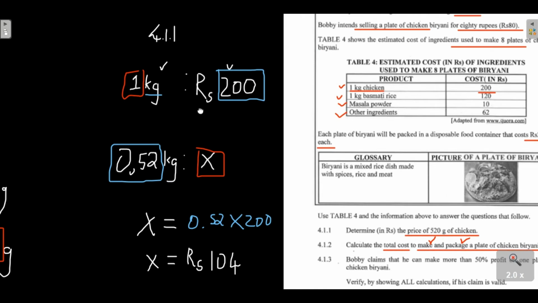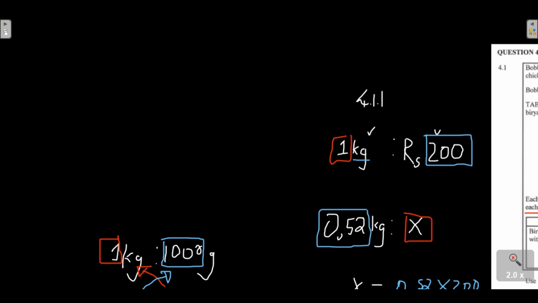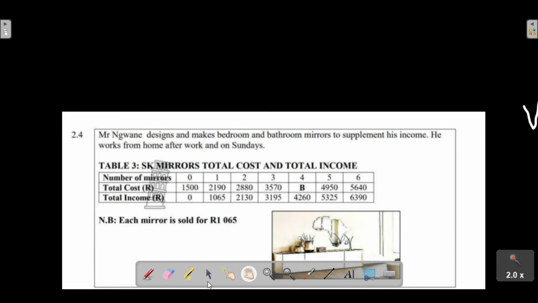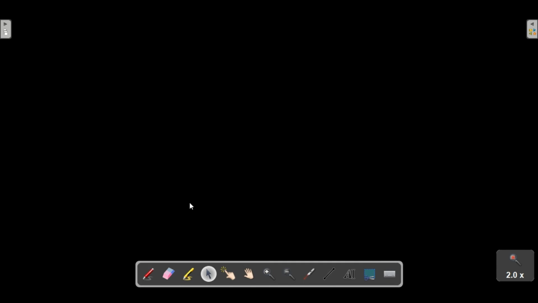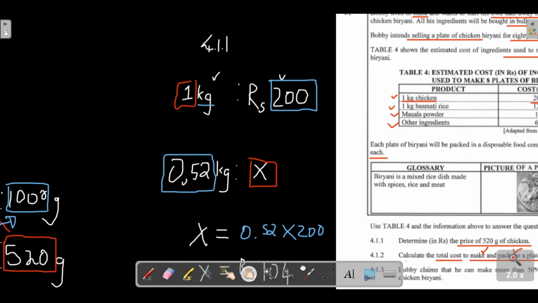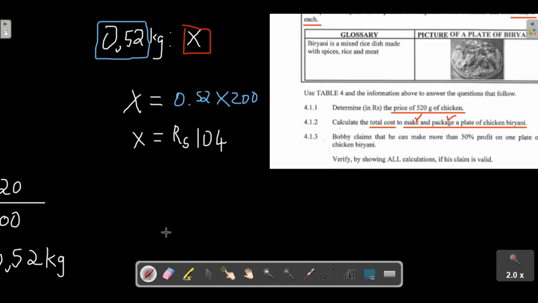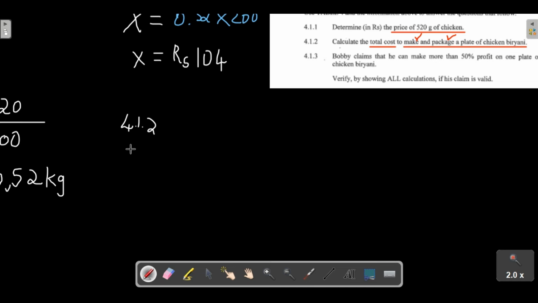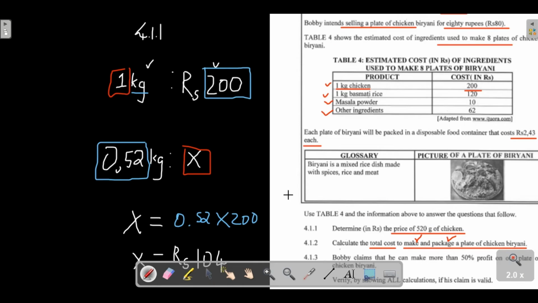So let's add. For 4.1.2, I'm running out of space here, so let's just do this. Okay, there we go. So 4.1.2, the total cost to make. So I'll just write down cost to make. Okay, so we are adding those.